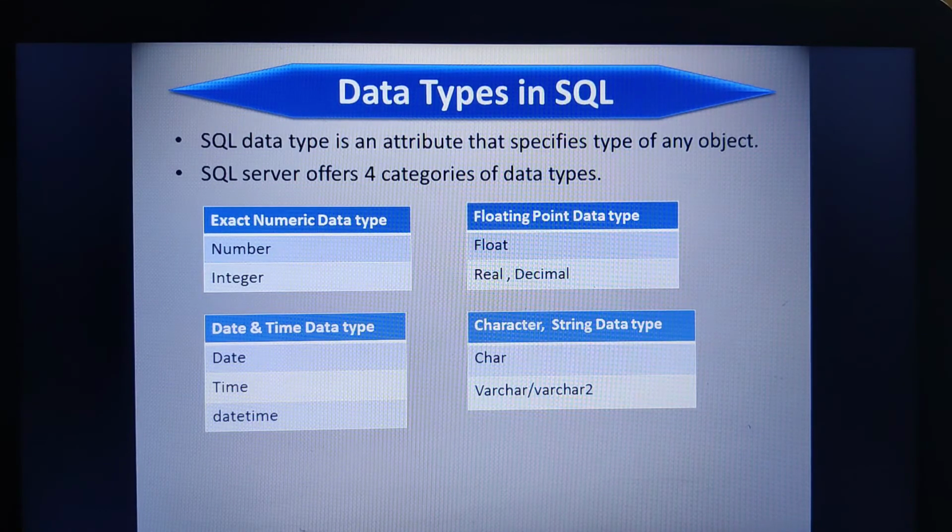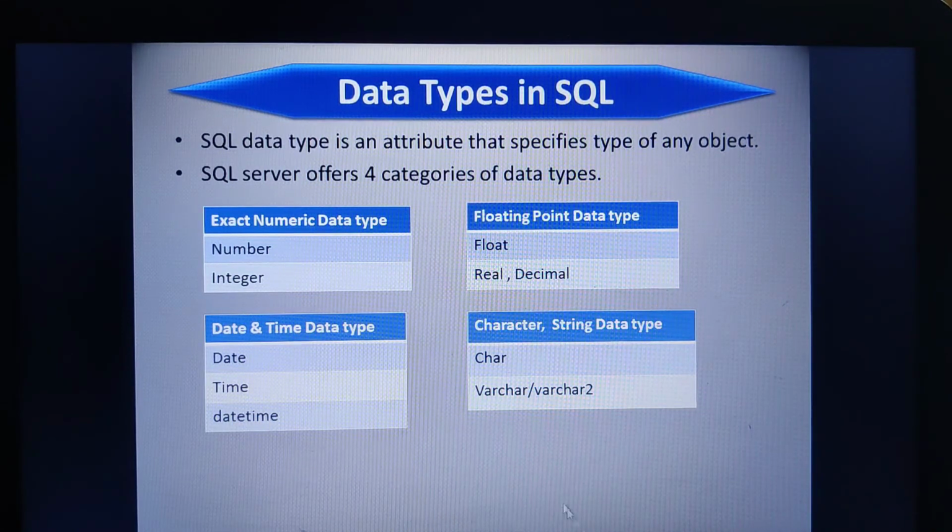Similarly in SQL, whenever we need to declare a student name, I need to use either char or varchar. Char only supports alphabets, varchar supports both the combination of numbers and alphabets. But usually in practice we use varchar rather than char.